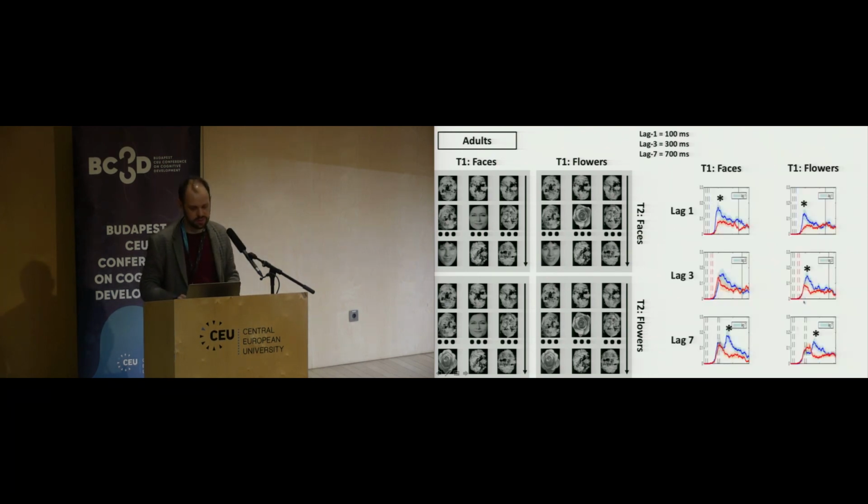And the results that we get is this, but basically they see faces very well. They have much more trouble with the flowers. But it suggests that when T1 is a face, there is a blink around 300 milliseconds. When T1 is a flower, we don't see any blink, which is fine. The idea is that the face captures more attention than flowers.